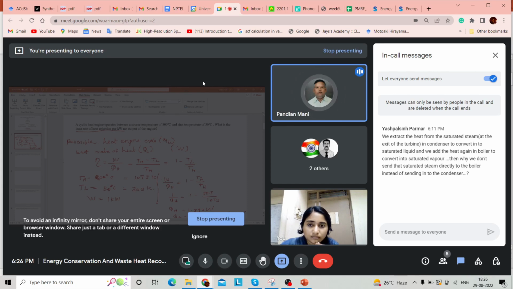That will recover the heat contained in the topping cycle. The word supplementary means that we add something extra, so where it is given as supplementary, it means adding fuel.